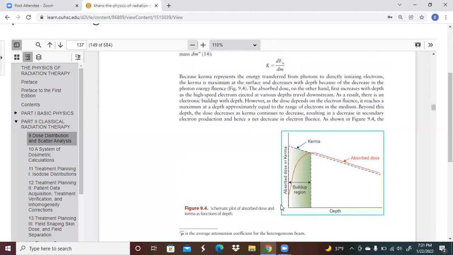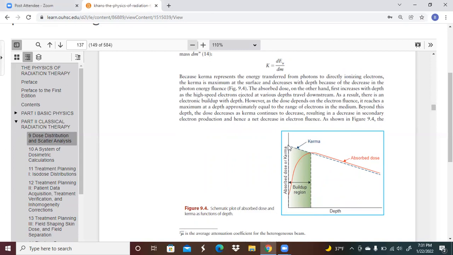So that's going to be your kinetic energy released in mass. If you look here at a graph, you've got the depth in whatever it is you're shooting at, and you've got energy listed over here, your KERMA, since that's related to the uncharged particles, or the photons coming in and delivering their energy into the patient.